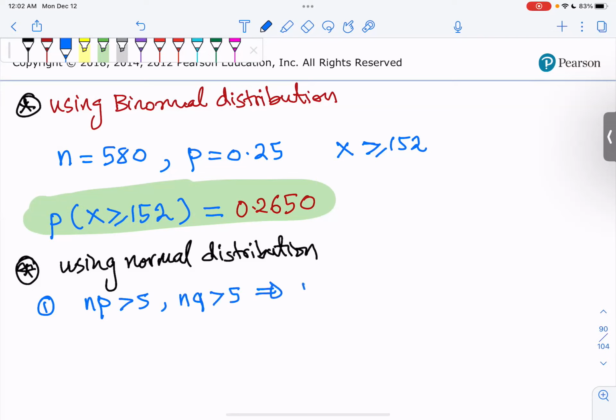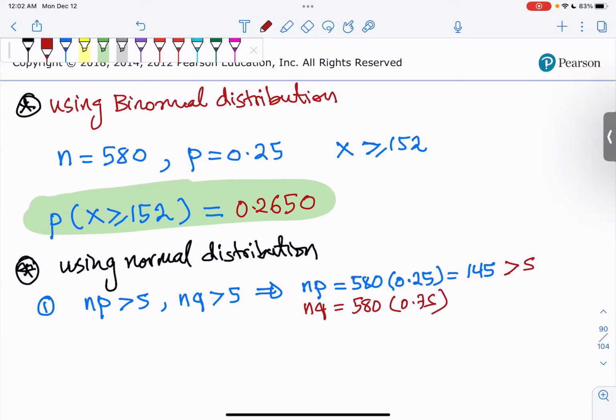For this one, np equals 580 times 0.25, equal to 145. So this is for sure greater than 5.